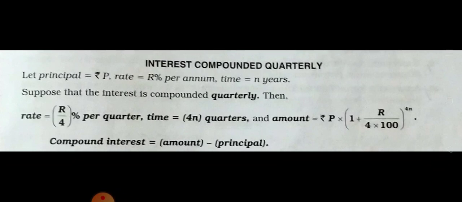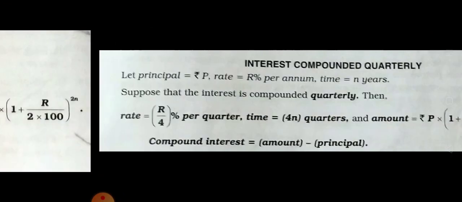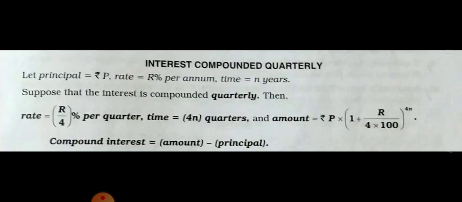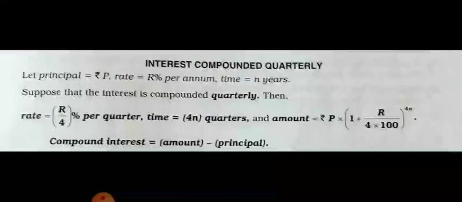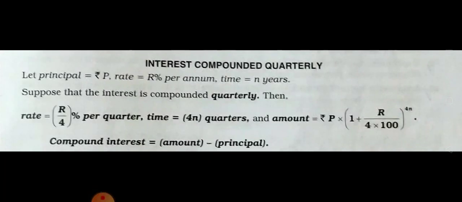In this process you will get the amount when compounded half yearly or quarterly, and after getting the amount you will calculate the compound interest by subtracting the principal from the amount.